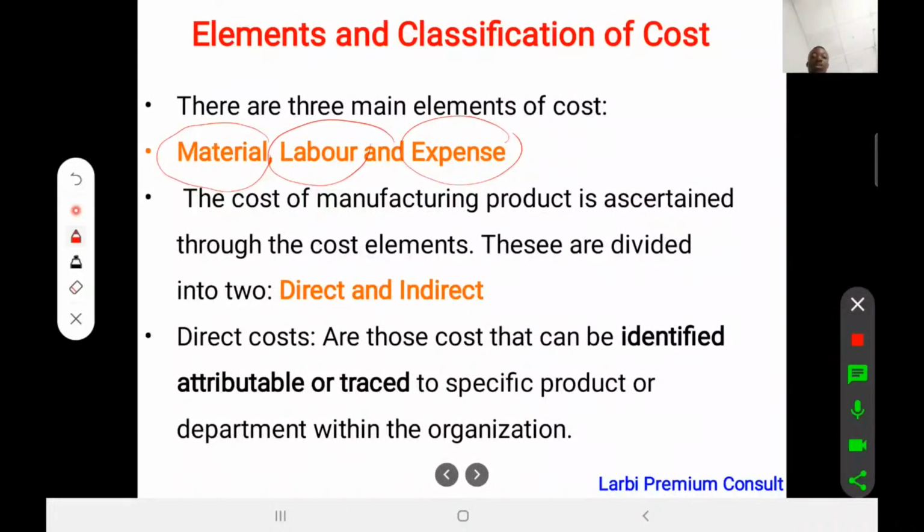So these are the costs we're going to talk about, and these costs are classified into direct and indirect. Direct in the sense that we have those that are attributable to the final product, and we have those that just help enough for us to convert the raw material into finished goods. Get it carefully.